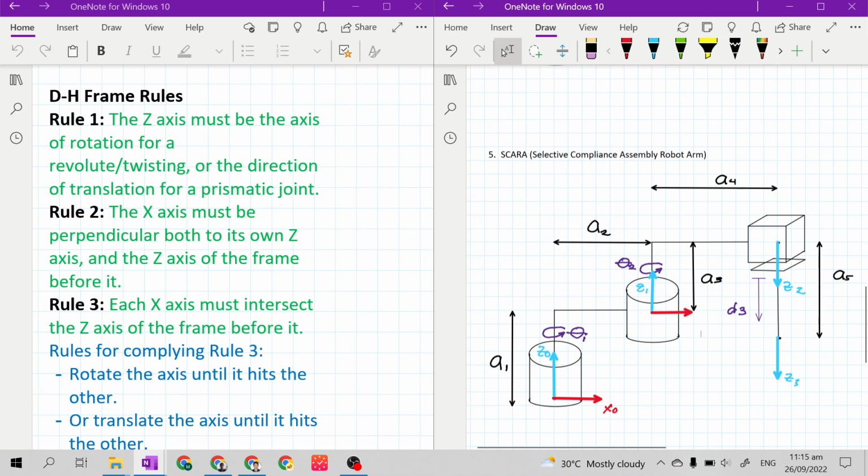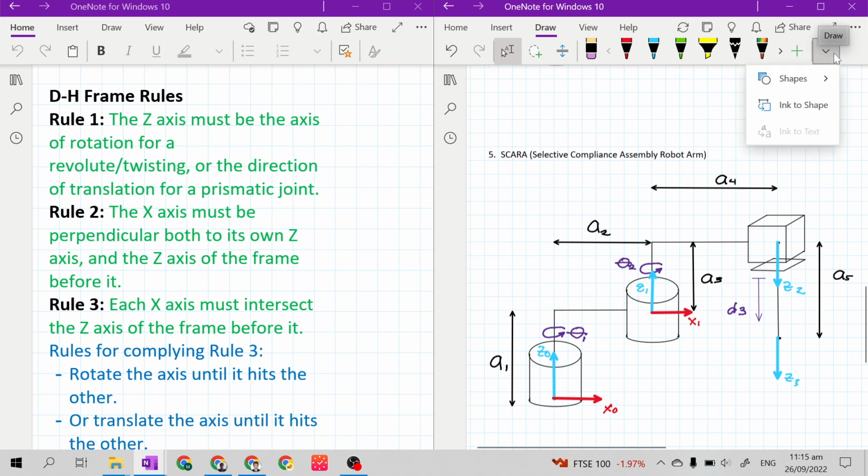The same with x sub 0. To make it easy for us for our future computations. Next is x sub 3.